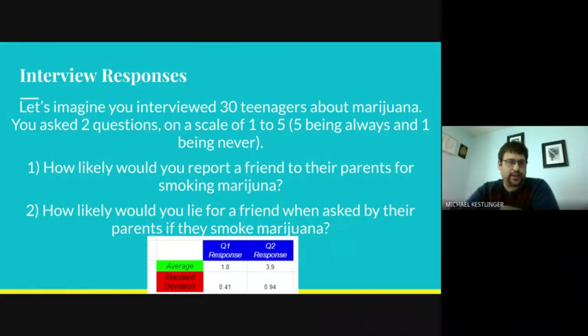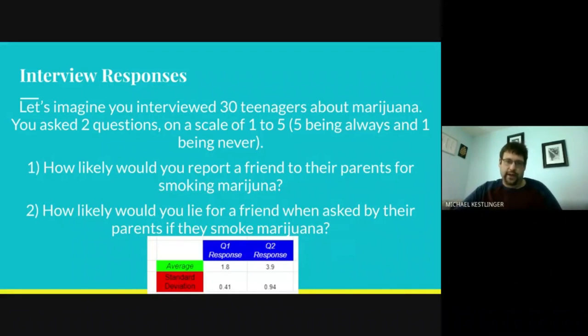But here's the interesting thing, and once again, this is how you can use the numbers to really take your paper to the next level. The standard deviation for question 1 was 0.41, so 0.41 plus or minus. In this one, you're giving whole number answers. So basically 1.8 is really close to 2.